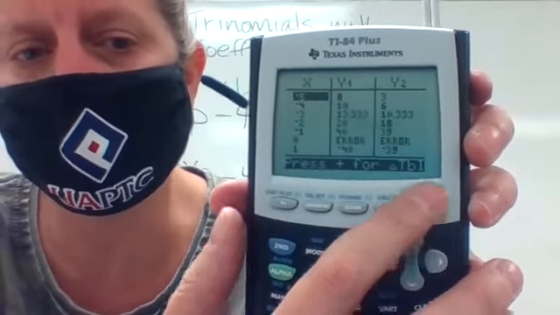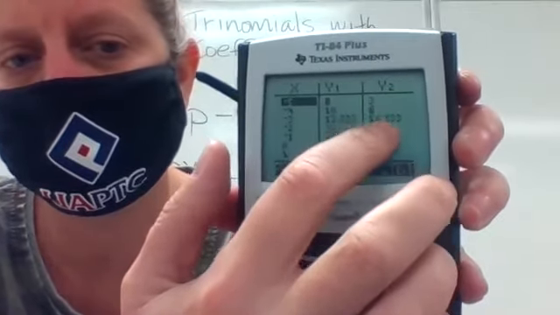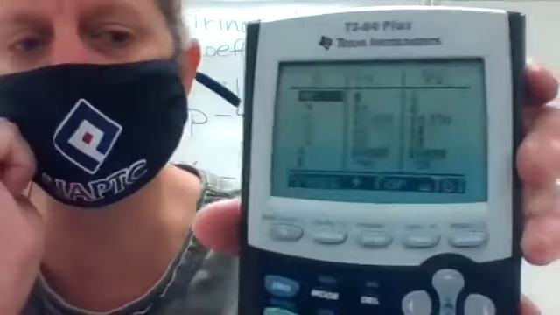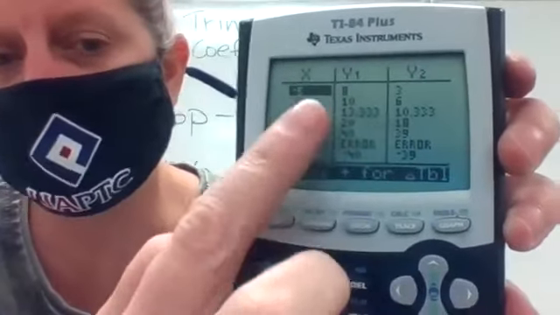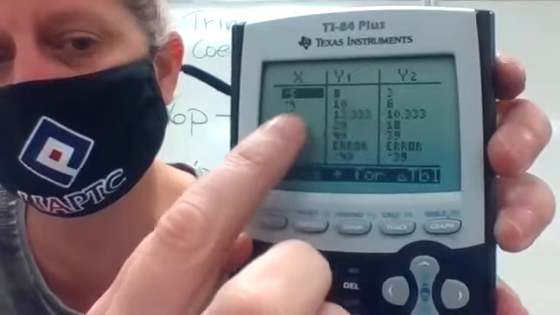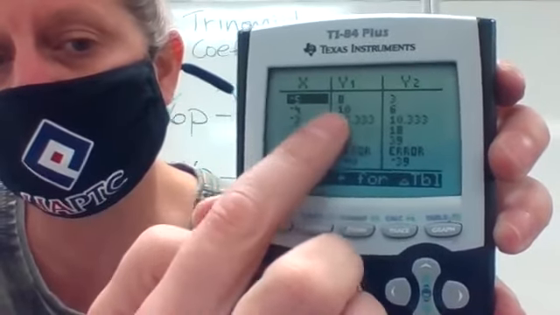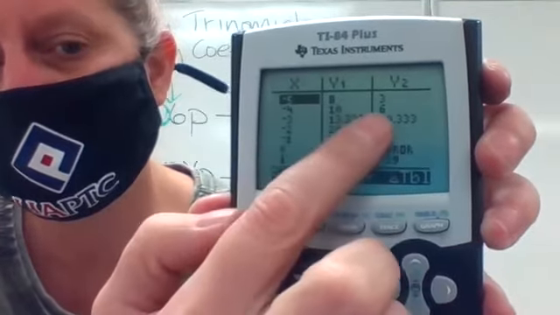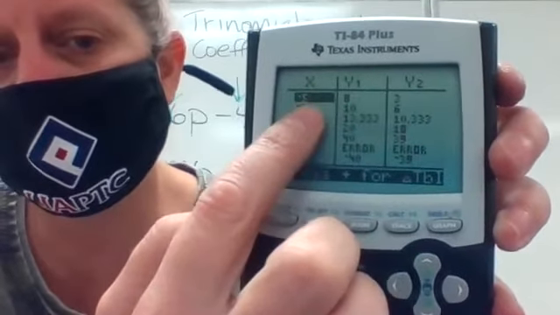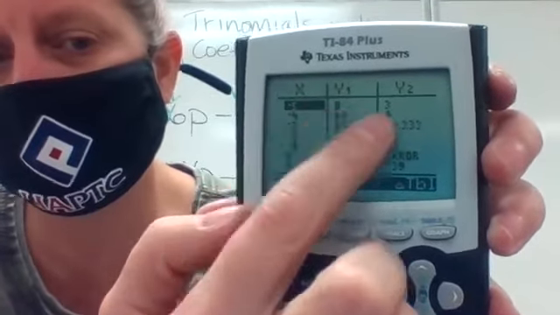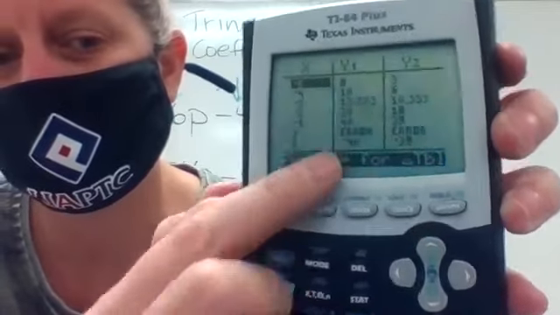Look at this last column. Here's what this last column is doing. It's adding these first two columns together. So look, negative 4 plus 10 is 6. Negative 5 plus 8 is 3.